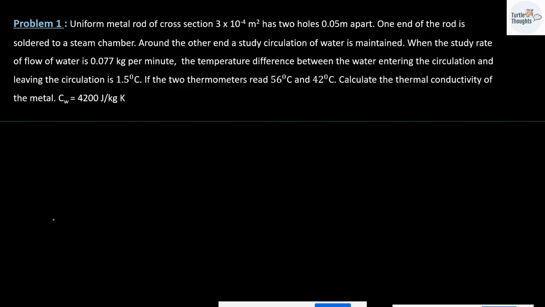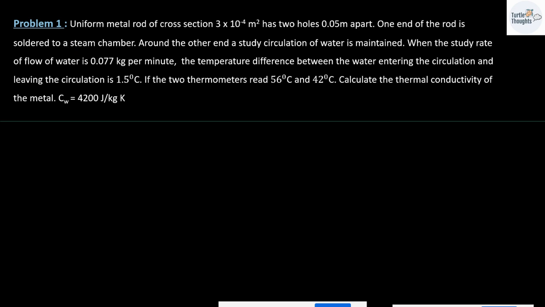Let me consider a problem based on the same topic. Problem number 1. A uniform metal rod of cross section 3 multiplied by 10 raised to the power minus 4 meter square has two holes 0.05 meter apart. One end of the rod is soldered to a steam chamber.